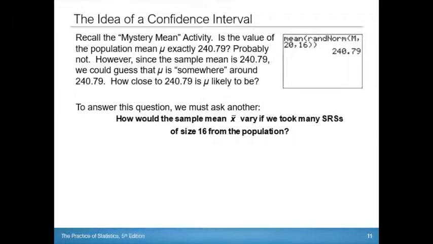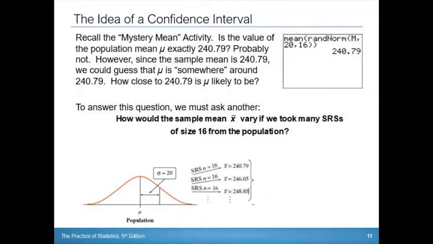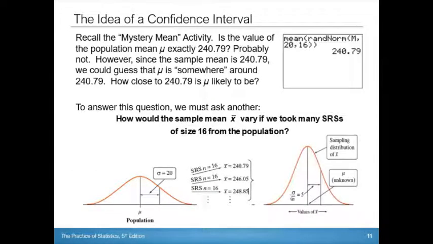All right, so how would the sample mean X bar vary if we took many samples from our population, all of size 16? So we can think of the population, we can think about taking lots and lots of samples, and as a result, we would have a sampling distribution.